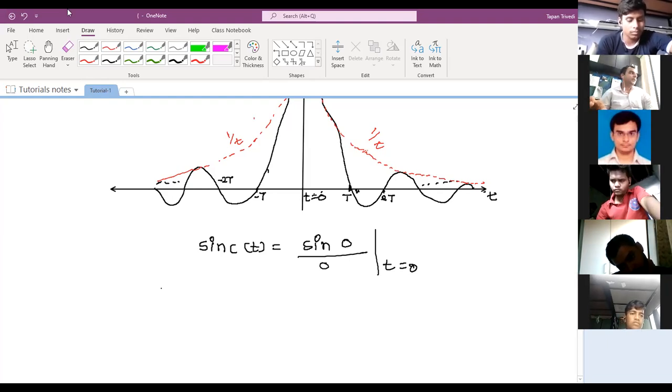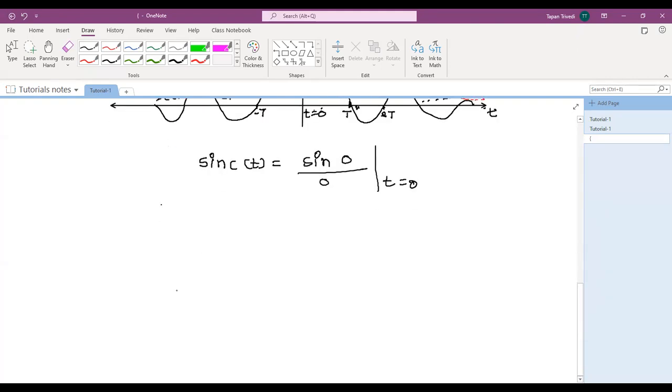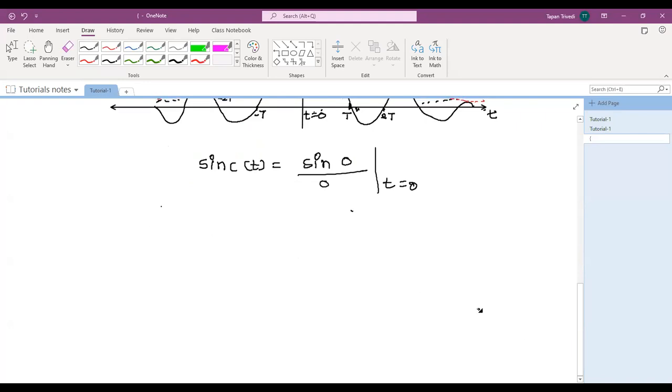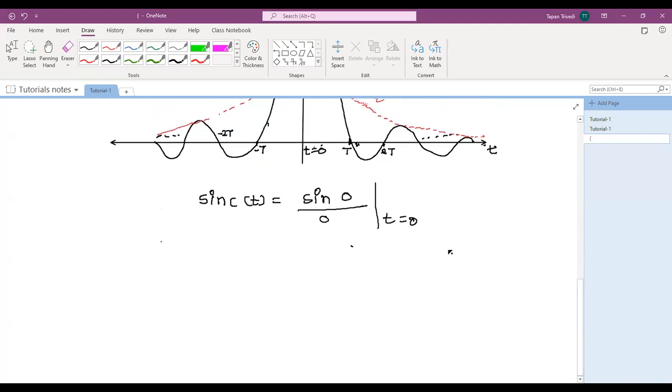Whenever you encounter this kind of scenario where the value is completely not defined, then you should apply the intermediate form, yes?